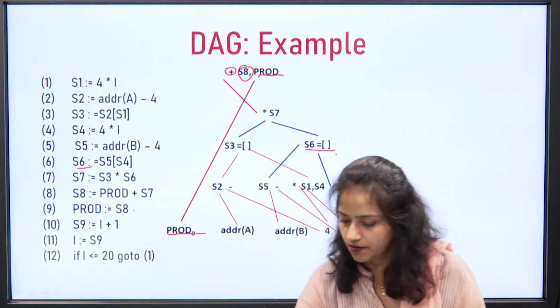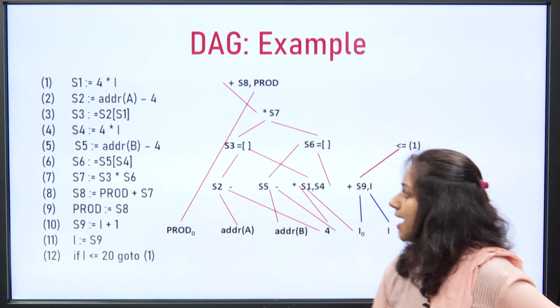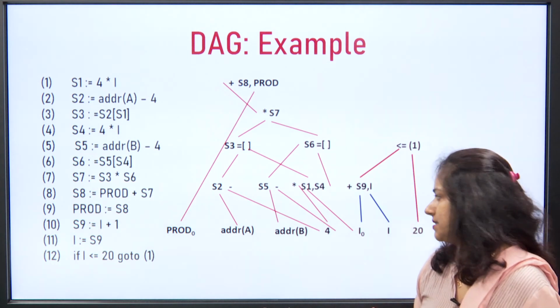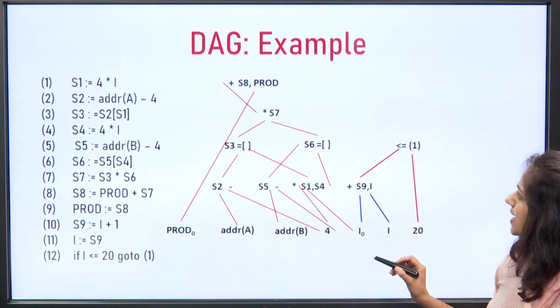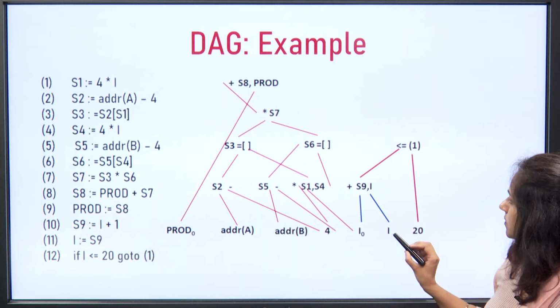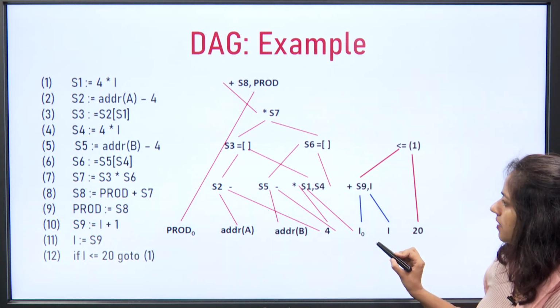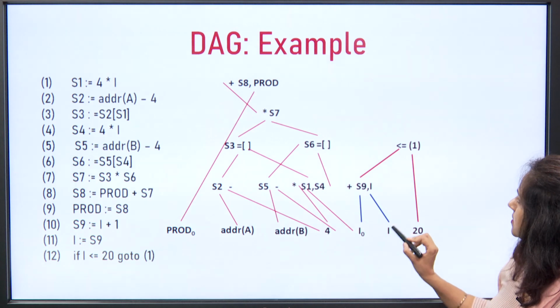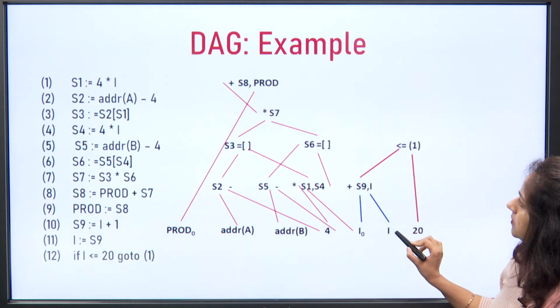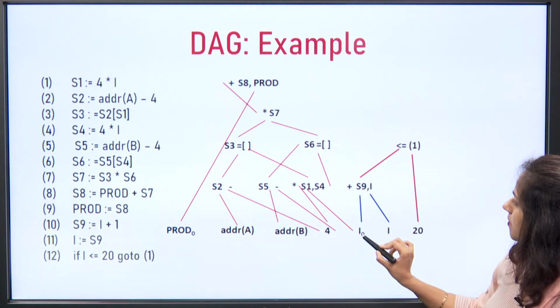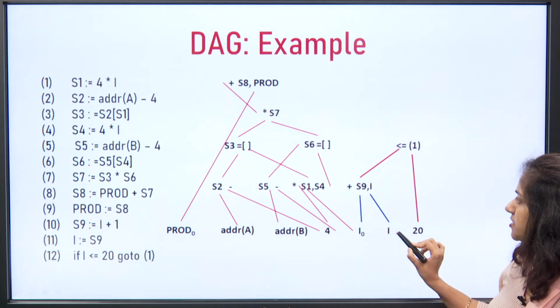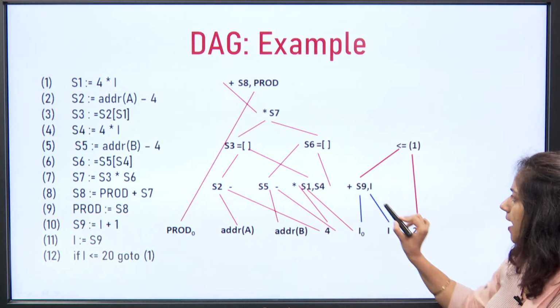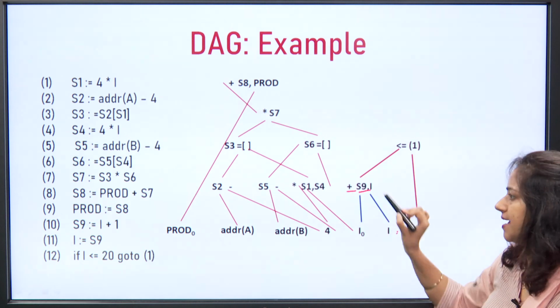Then next statement is S9 is equal to 1 plus i. So, S9 is equal to i plus 1. So, this is i and this is 1, this can be computed, and here the plus operation and then S9.